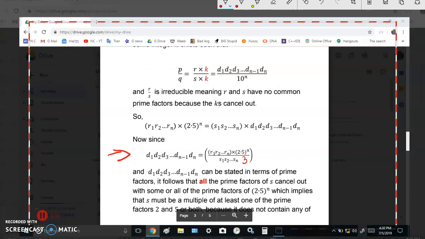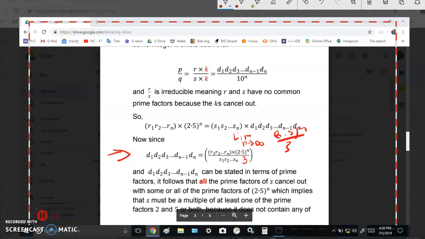And this never happens, even if you take the limit as n approaches infinity of 2 times 5 to the n over 3. This will never cancel out into a product of factors, okay?